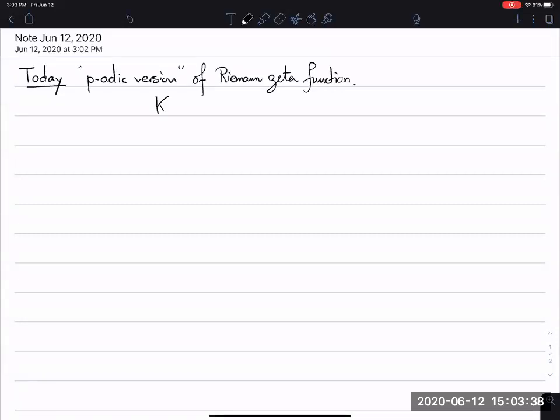And this is called the Kubota-Leopoldt p-adic L-function. So the basic idea is that, let me just call it L_p for now, but I will change the notation later on.